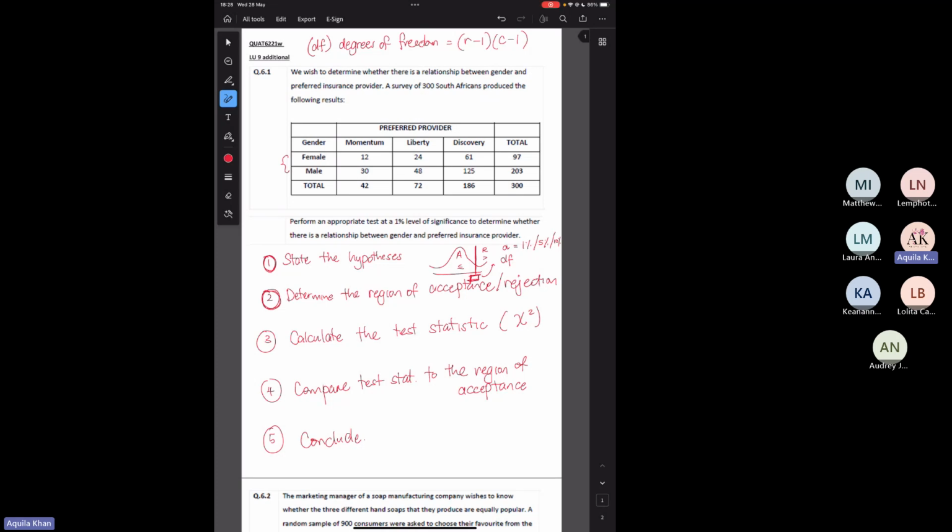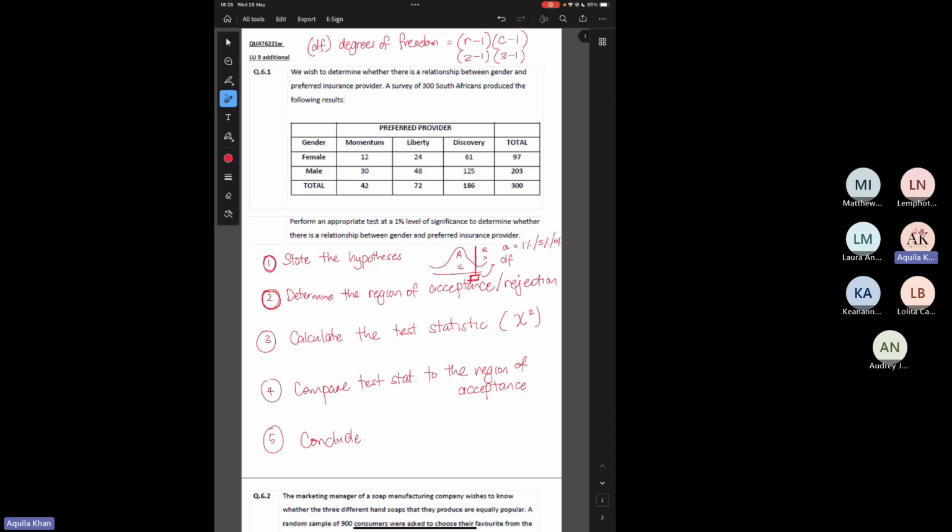Here it's two categories, male and female, so that's 2 minus 1. At the top, your columns have three categories, momentum, liberty, and discovery, so that would be 3 minus 1. So for a table like this, the degrees of freedom is R minus 1 multiplied by C minus 1.